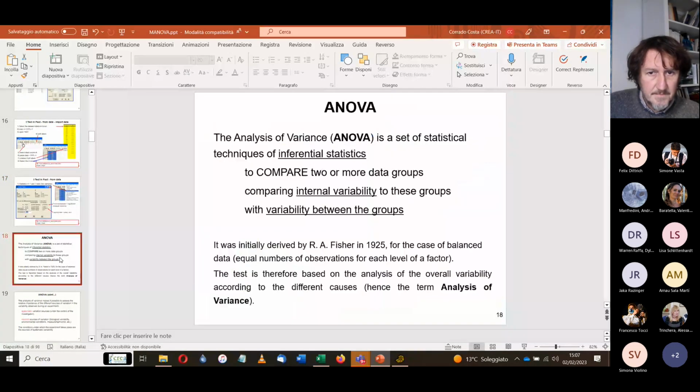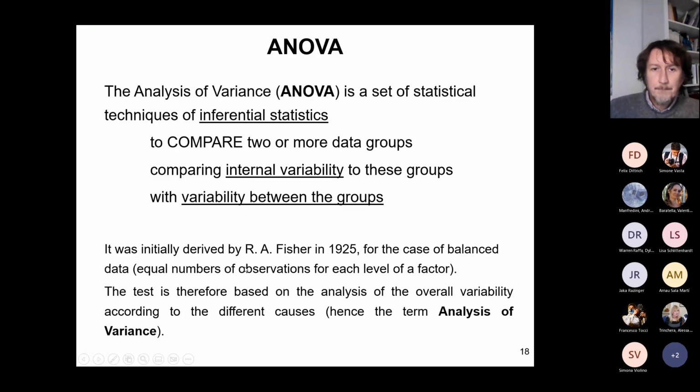Okay, we have seen this. Now we have observed the example with the difference between two distributions. But if we have to compare more than two distributions, we have to apply the analysis of variance. It is used to compare the internal variability of the groups with the variability between the groups. So the analysis of variance uses the variance to observe the difference of means.